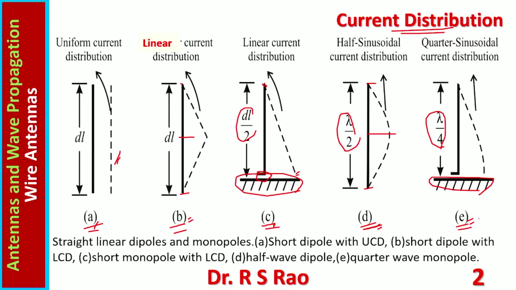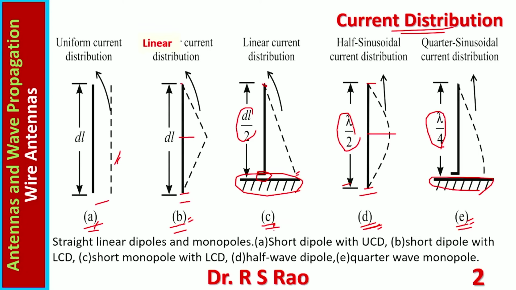Before going further, one point requires to be mentioned here, which we are going to use in the coming parts of this session. That point is, when it comes to structures shown in A, B and D, radiation is in all directions.